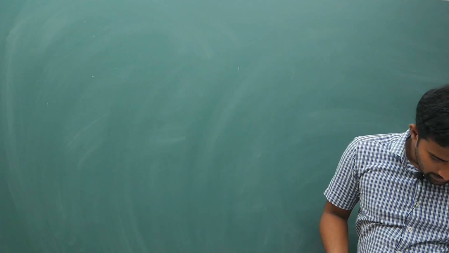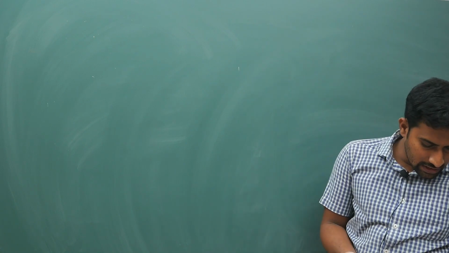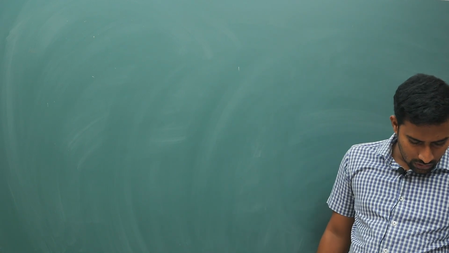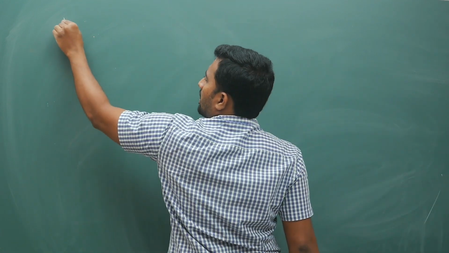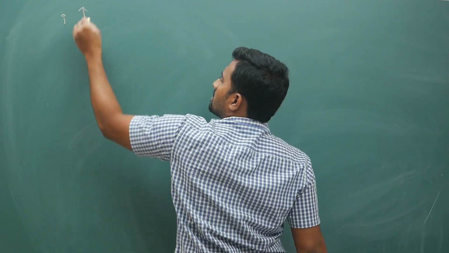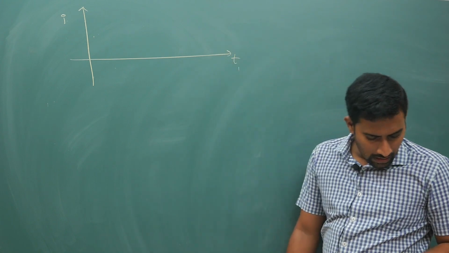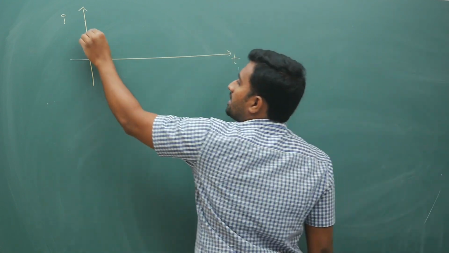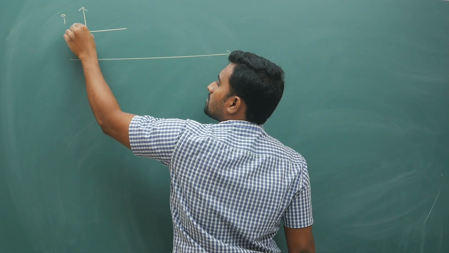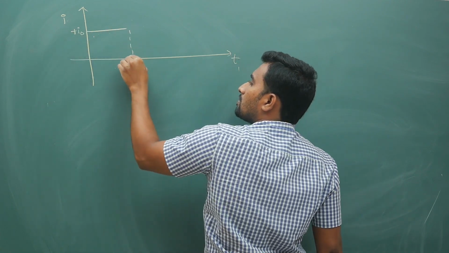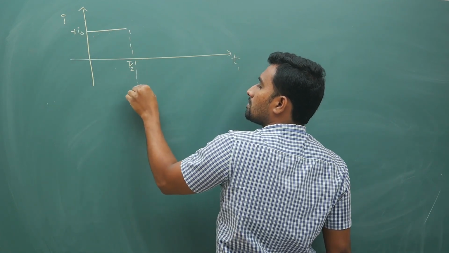Now your variation of current is as shown below. Your current versus time graph is given like this. For half cycle it is plus I naught, that is T by 2.